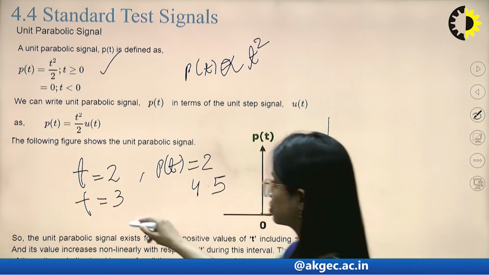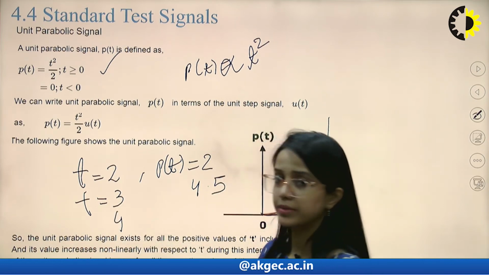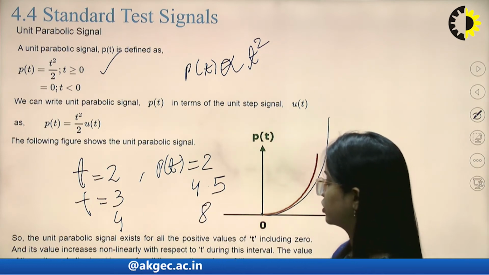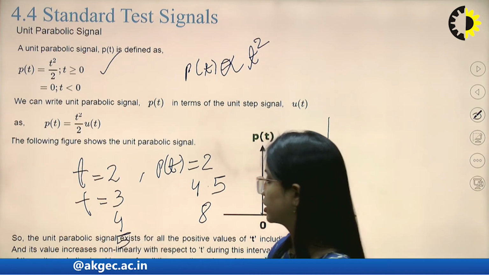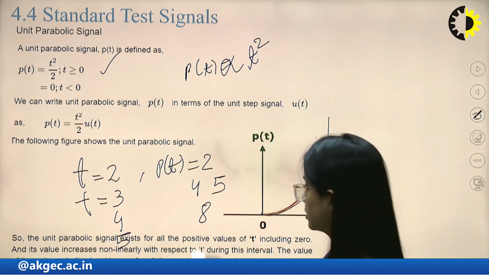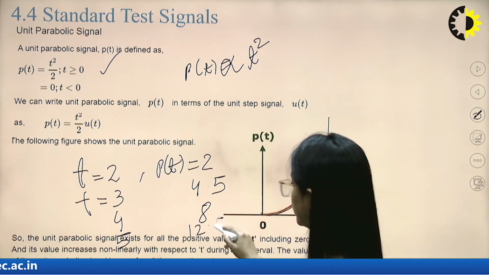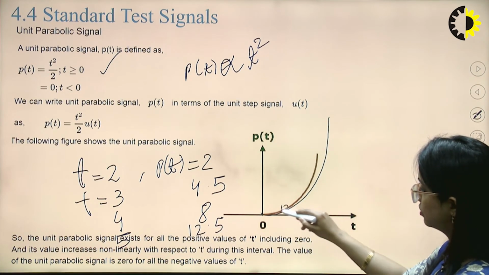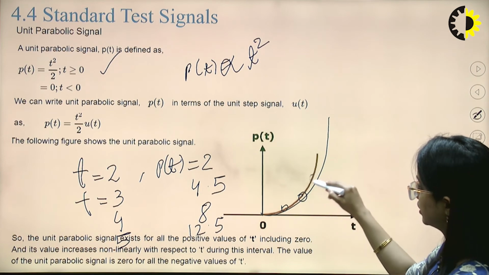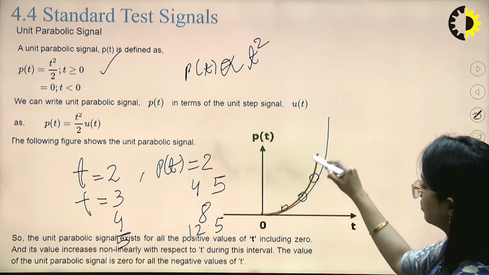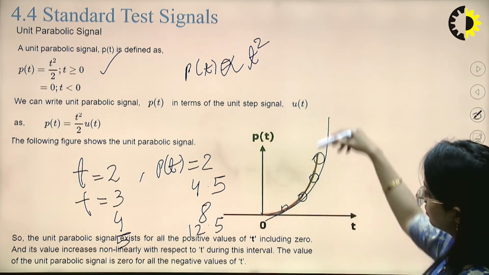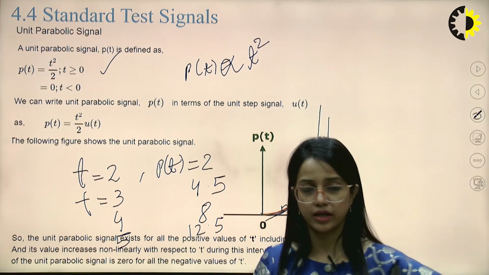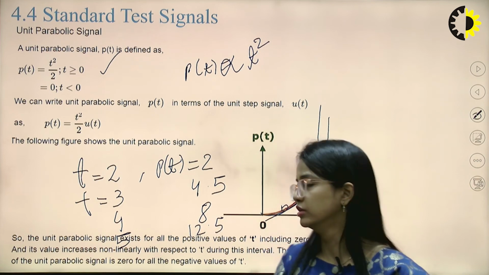For t equals 4, it will be 16 by 2, that is 8, and for t equals 5, it will be 25 by 2, that is 12.5. So if you join all these, for 2, for 4.5, for 8, for 12.5, we will be having a curve like this. So this is extrapolating and finding out the resultant curve.